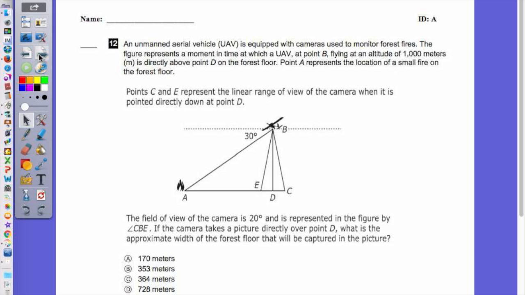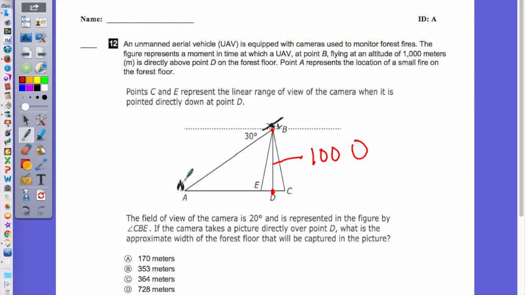Okay, shh. So, the unmanned aerial vehicle is basically what they put up to look at stuff. It's like a drone. This figure, this drawing, is representing a moment in time. This is directly over the forest floor here, and it is flying 1,000 meters above.